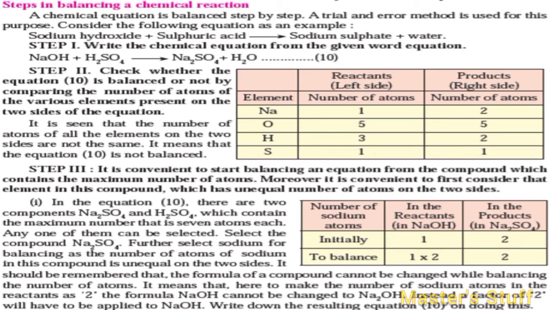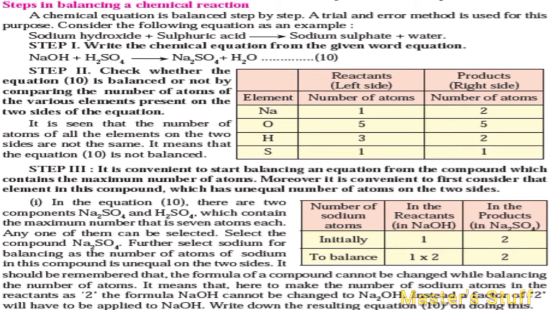Step 2. Check whether the equation is balanced or not by comparing the number of atoms of the various elements present on the two sides of the equation. Take a look at the table given towards the right. Number of atoms towards the reactants and number of atoms towards the product. Element Na 1, 2.